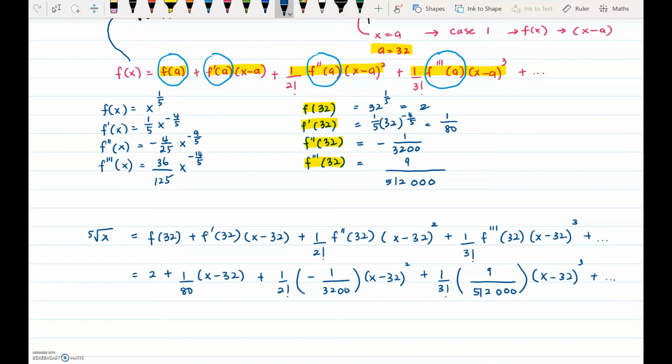Make sure you do not expand x minus a. The x minus a just remains as x minus a.